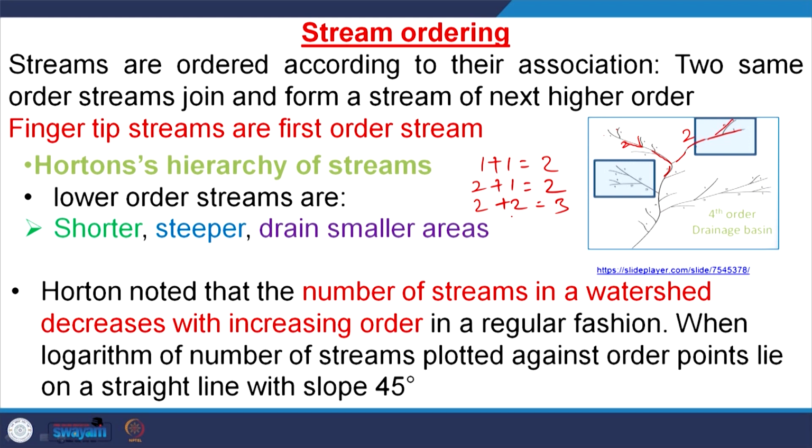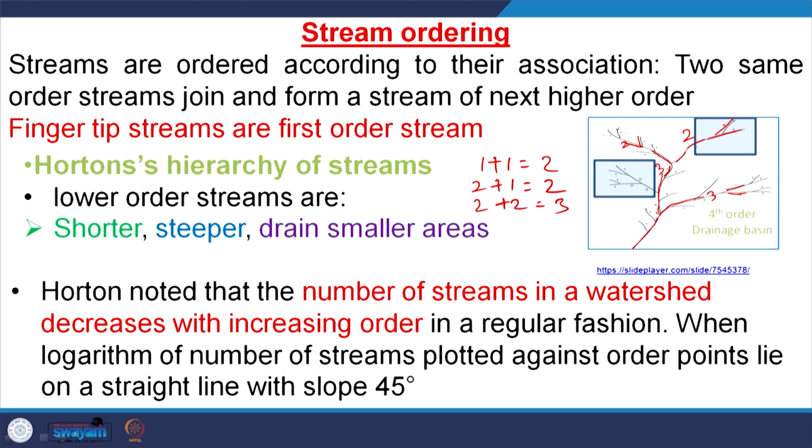This is the way the channels or streams are ordered, and this gives the maximum or highest order of a river basin. For example, here this is 2 and 2, that means second order stream and second order stream, and here we are creating a third order stream. Now one third order stream is coming here and one third order stream is coming here.